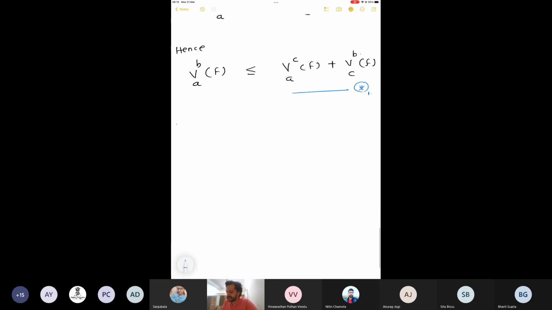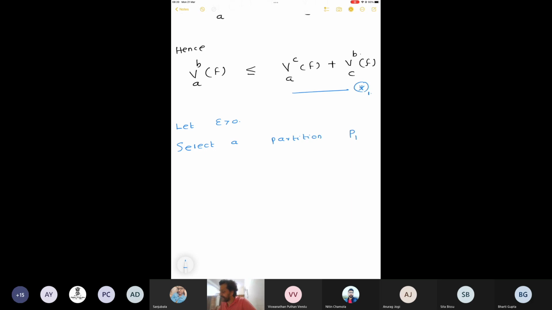Okay. So let epsilon be greater than 0. Select a partition P1. This P1 has no connection with the P1 that I have used to get *1.